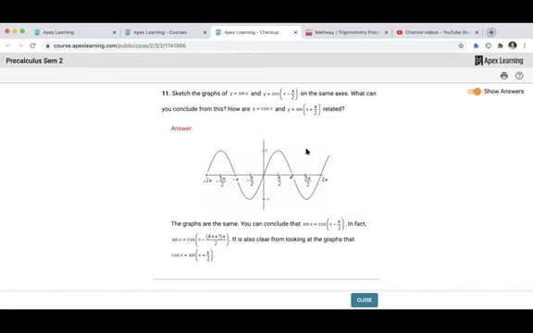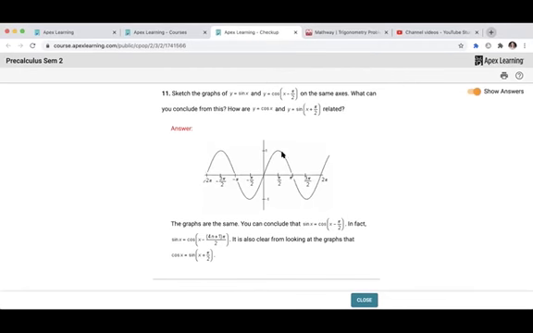The graphs are going to end up being the same, because the difference between sine of x and cosine of x is just where they originally start. So if we look at it, we can just shift them and they're the same graph.